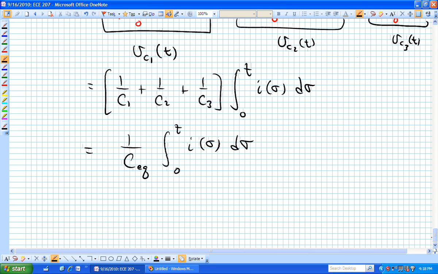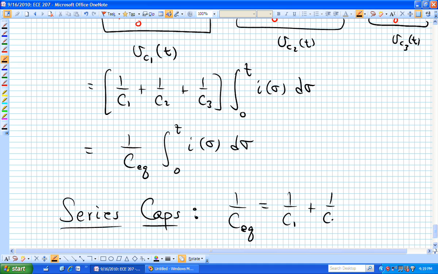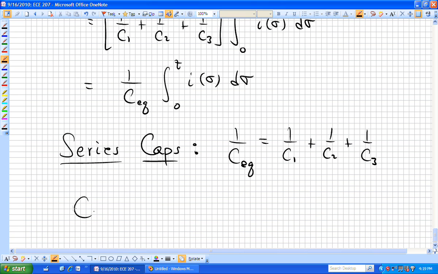Our capacitors initially were in series. Which now says, oh, if we want our equivalent capacitor when they're in series, 1 over the equivalent capacitor is equal to the sum of the reciprocals of all of our capacitors. Or the equivalent capacitor is now 1 over C1 plus 1 over C2 plus 1 over C3 in this particular case.